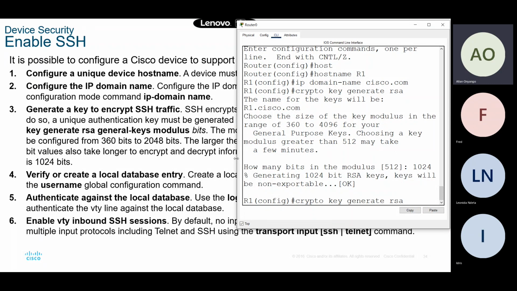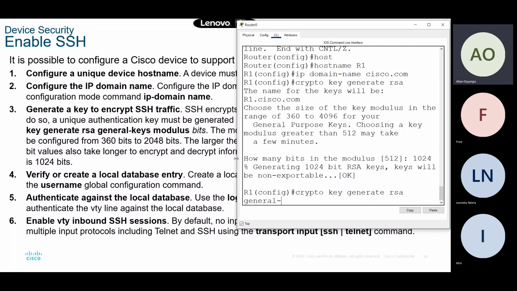There's a long version of this command. You say crypto key generate rsa general-keys modulus, then you put 1024.